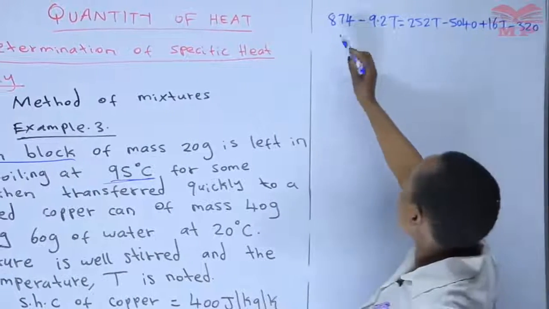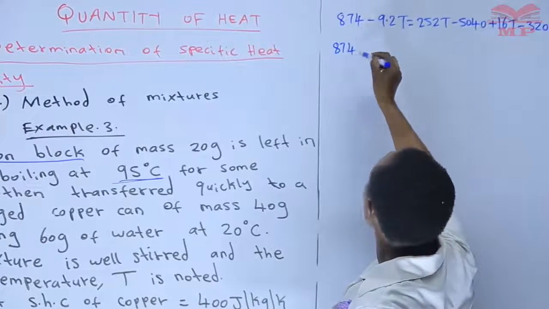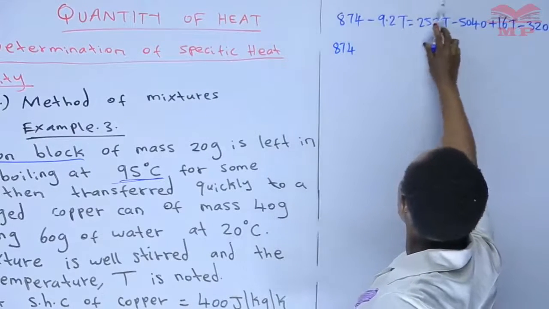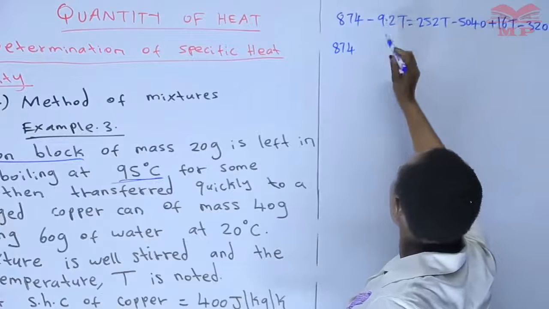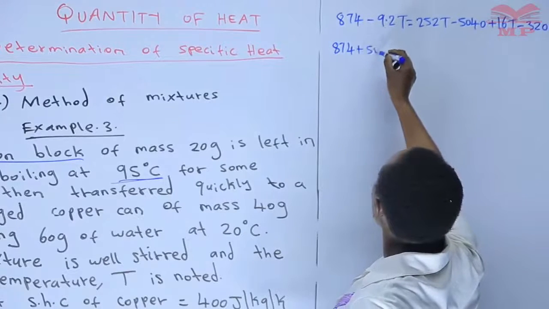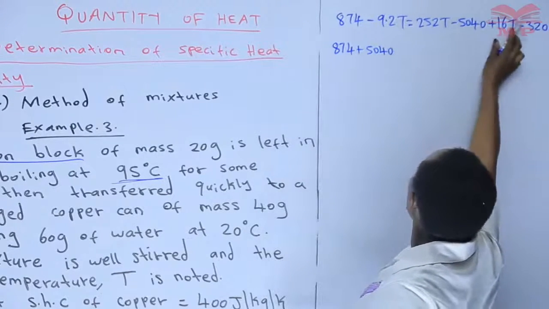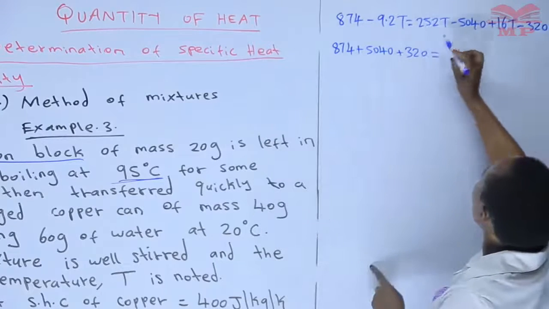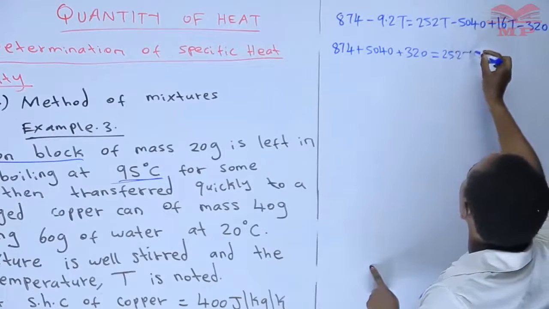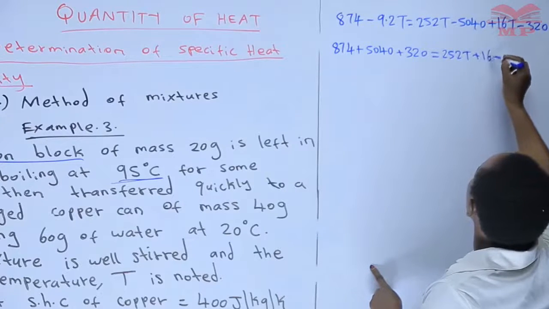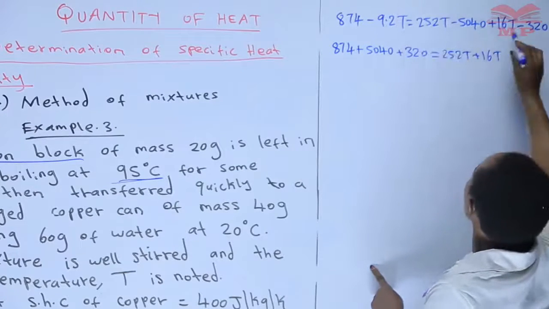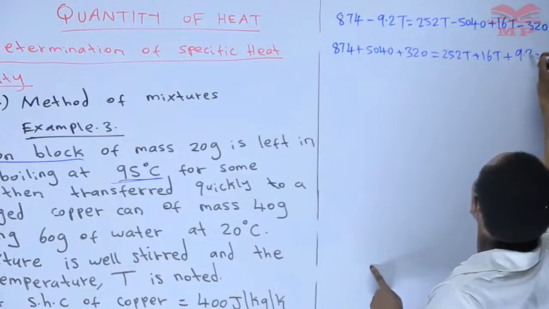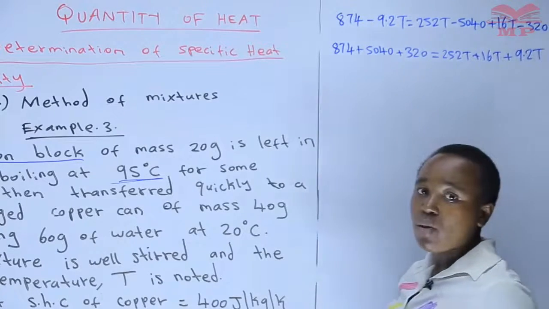So we can have here 874. We can take this to the other side. So this one we take to the other side, we'll have plus 5040. This one again we have plus 320, which will be equal to 252T plus 16T. Then when we take this other T to the other side, we have plus 9.2T. So that's what we have.